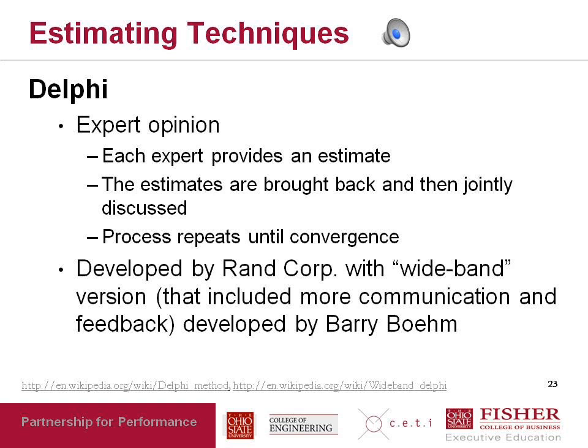Here, the assumption was that if you get a collection of experts, each with a different area of expertise, and you got them to estimate the size or the complexity of a problem, then even though the reason for the experts coming up with that opinion might not be clear, they would, in most cases, come up with accurate estimates.